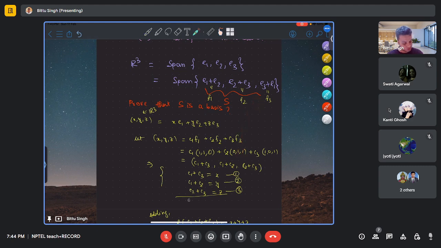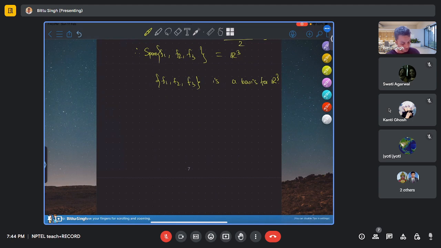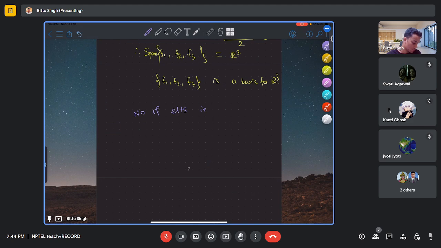I want to say that the number of elements in any basis for a given vector space is the same.